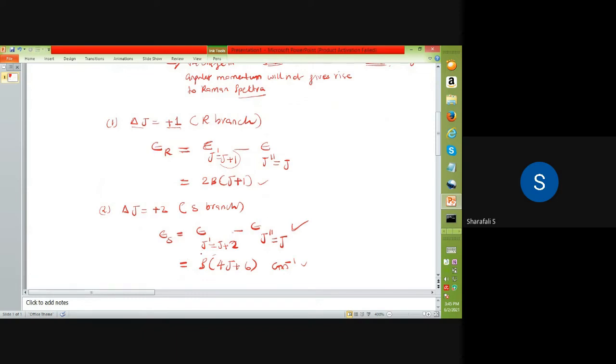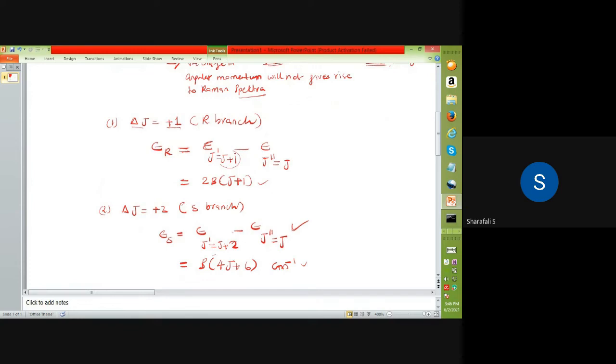So these are the energies corresponding to these transitions. Because we are considering the energy difference between two states, this is nothing but the corresponding frequency, because E is nothing but h nu.